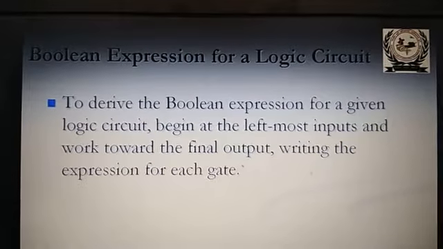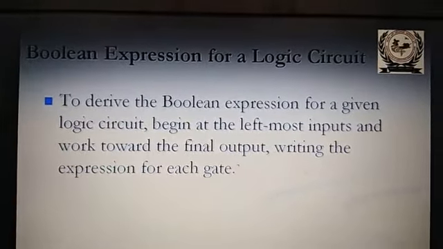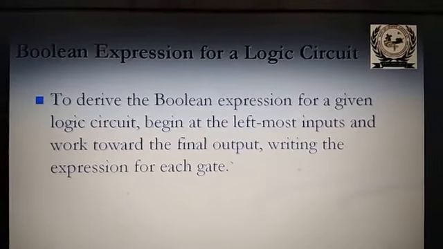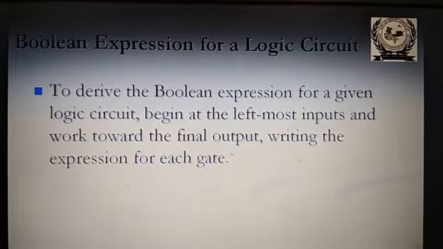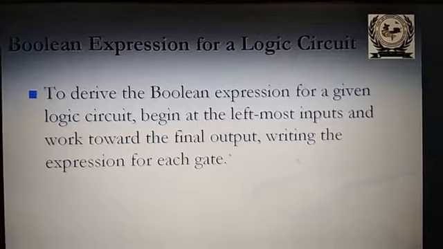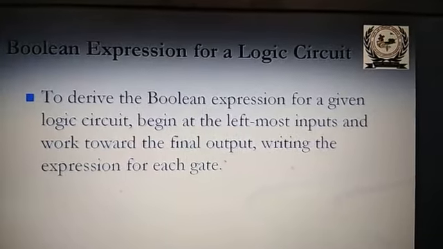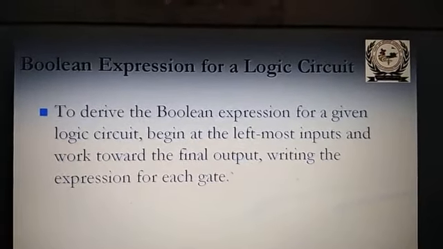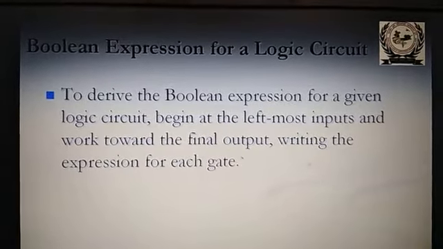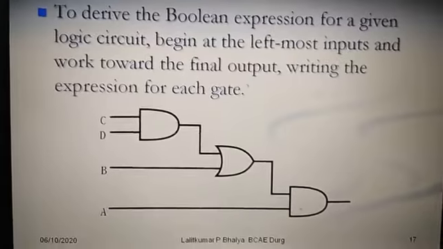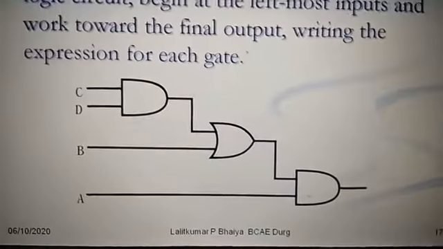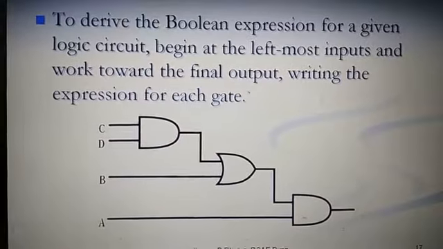To derive the Boolean expression for a given logic circuit, begin at the leftmost inputs and work toward the final output, writing the expression for each gate. So from left to right you solve by Boolean algebra and De Morgan's theorem, and you can get the output like this. This is the circuit showing the Boolean expression.